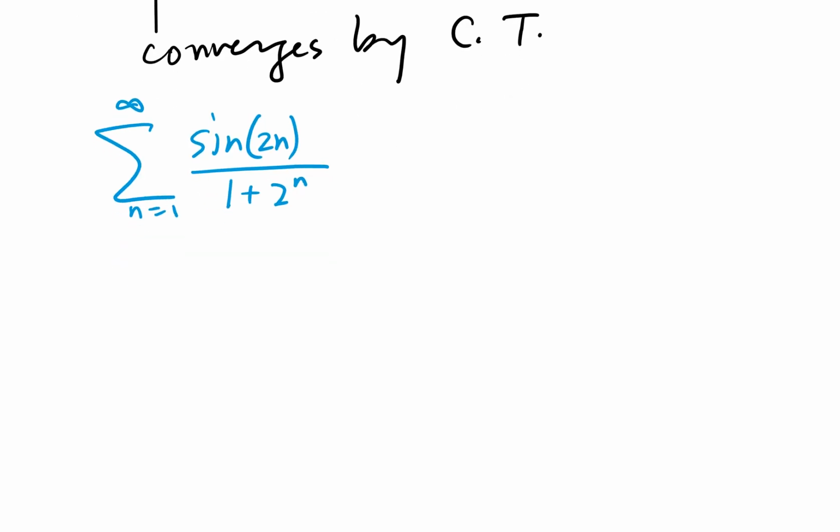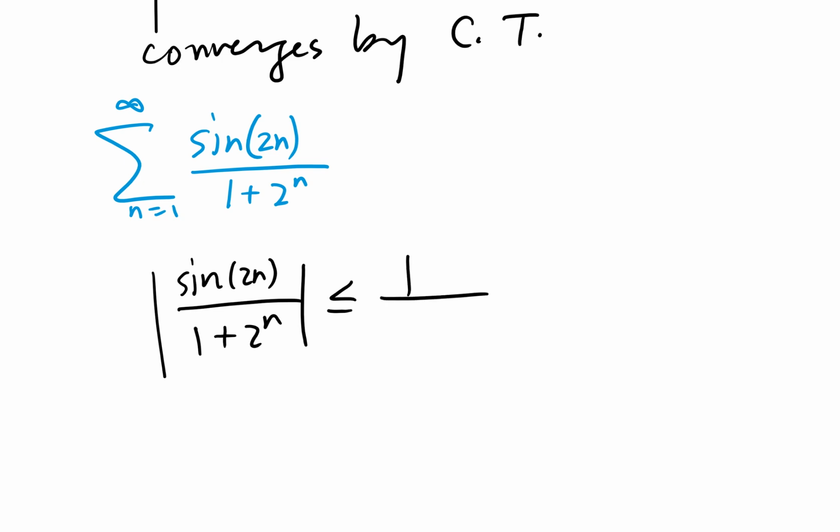So when I see sine or cosine, I try to take the absolute value because of one of the properties I showed you earlier, that the absolute value of sine or cosine of any function is always less than or equal to 1. So if we take the absolute value of sine 2n over 1 plus 2 to the n, this would be less than or equal to 1 over 1 plus 2 to the n, because the absolute value of sine 2n is less than or equal to 1.